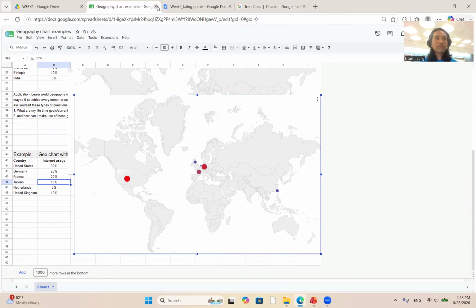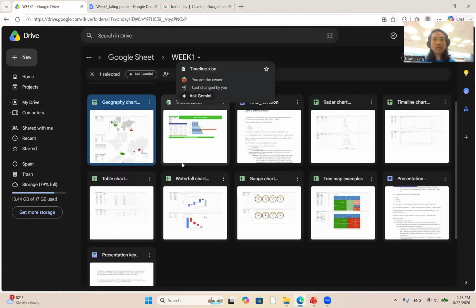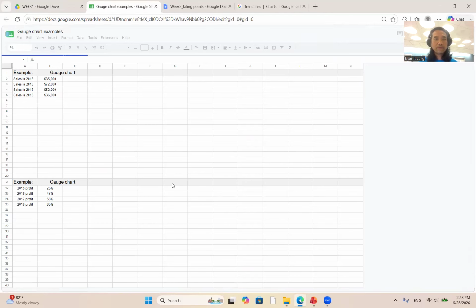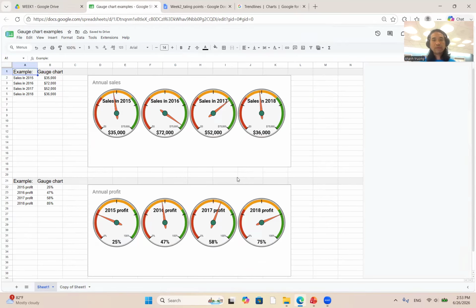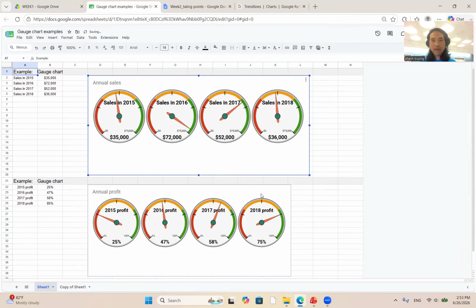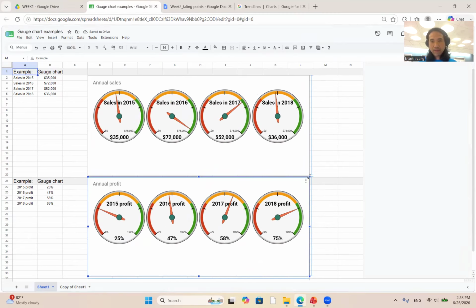And the next one is cool. It looks like a speedometer or a dashboard in a car, or the kind of place where you sit at some sort of controller cabinet.